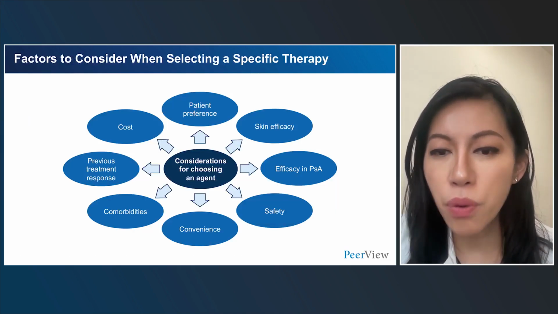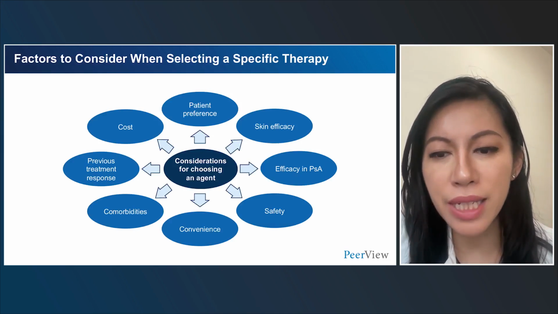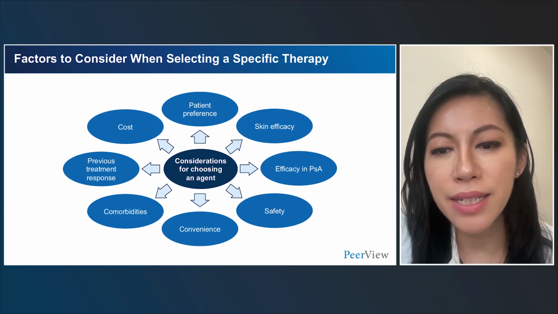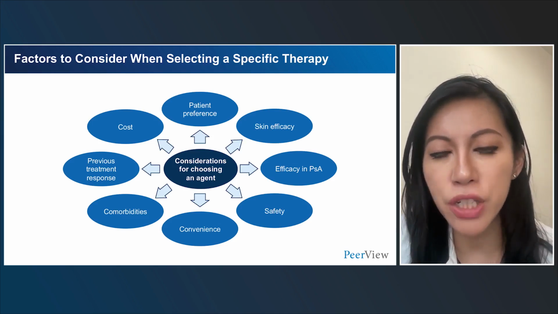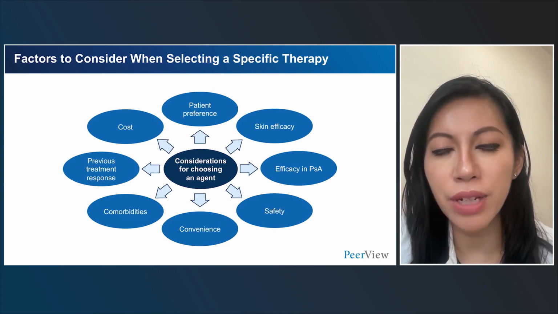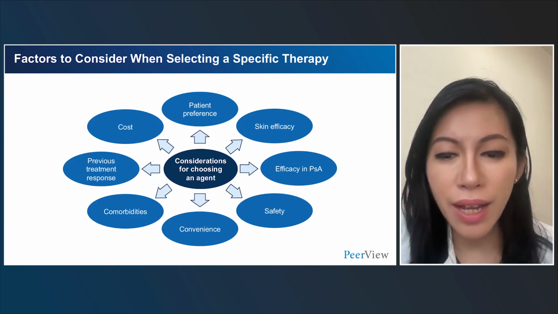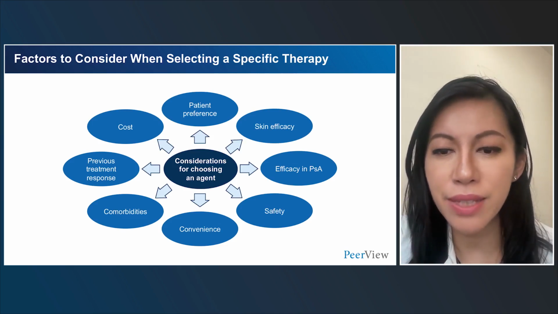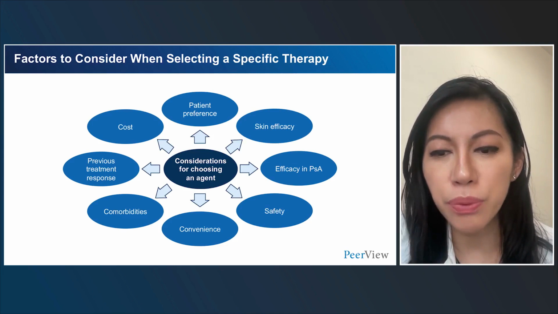And of course, when we're thinking about selecting an oral therapy, there are other things that come into play. And you want to ensure that you have individualized discussion with the patient, but also taking into account other comorbidities. The way I oftentimes approach this is I look at patients' disease severity and I ask for their preference.